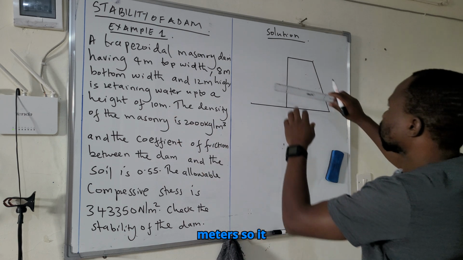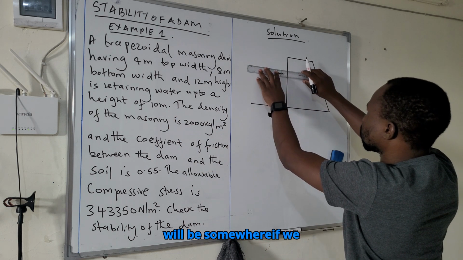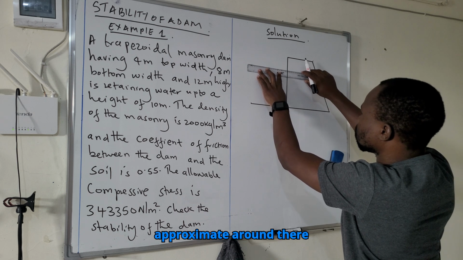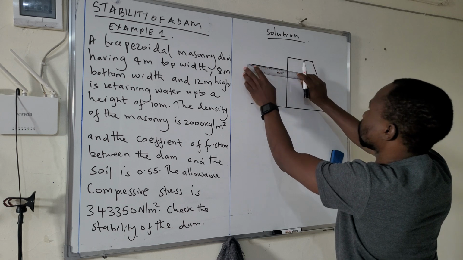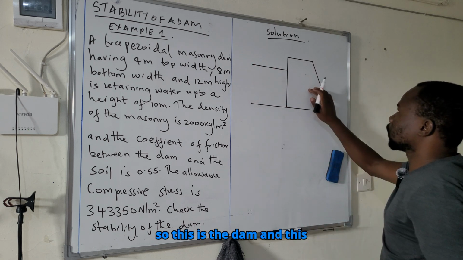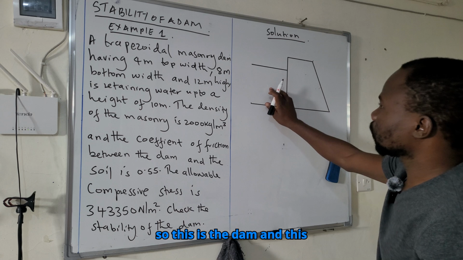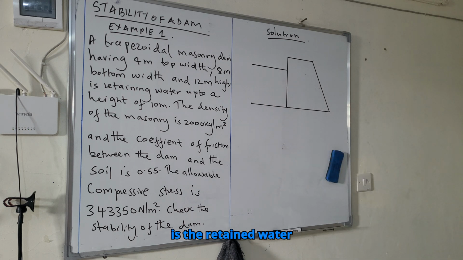So it will be somewhere, if we approximate, around there. So this is the dam and this is the retained water.